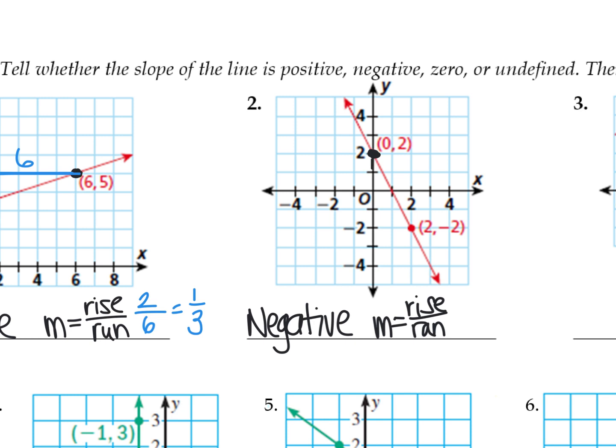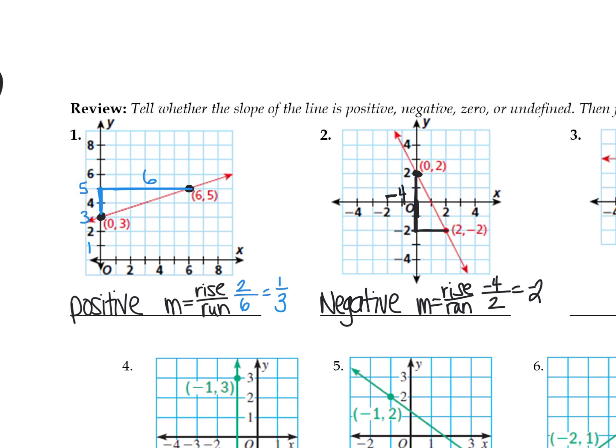So I'm going to go down 1, 2, 3, 4. It's down 4, so that's towards the negative, so negative 4. And then my run, 1, 2 to the right. The right is a positive direction, so negative 4 over 2. Negative 4 divided by 2 is a negative 2.